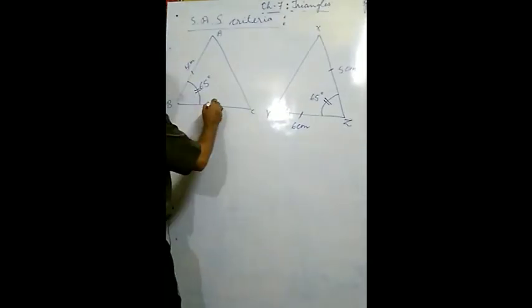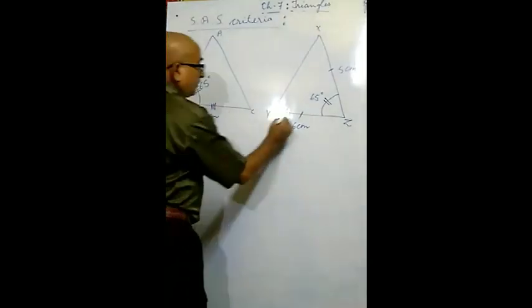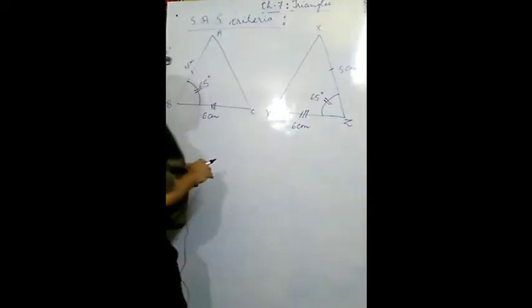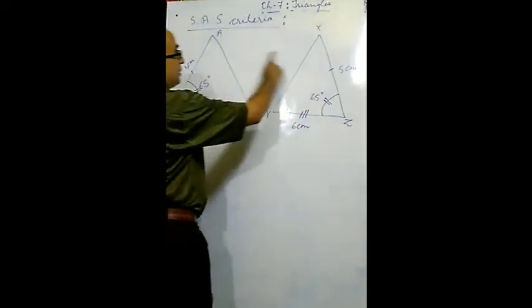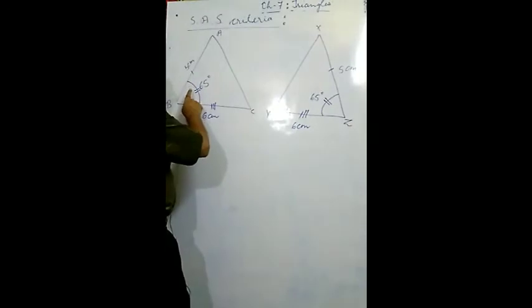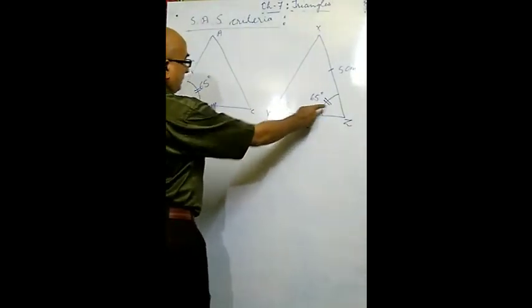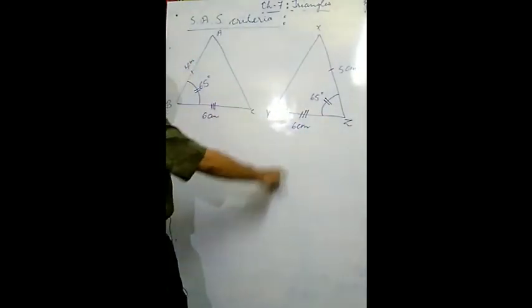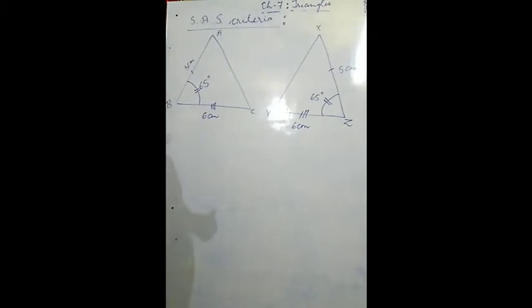Again, this 6 centimeter is equal to this 6 centimeter. The first one is matching to the first one, the second angle is matching to the second angle, and the third side is matching to the third side. In this way, these are the matching parts which are required.